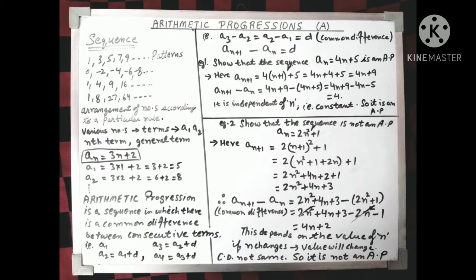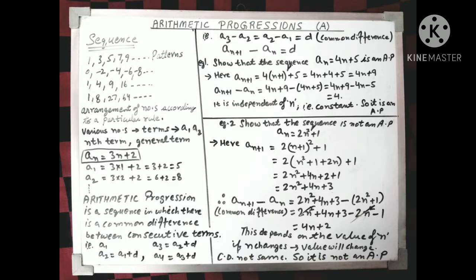If you see the next one, we have 1, 4, 9, 16, 25. There is an increasing order, right? 1 plus 3 is equal to 4, 4 plus 5 is equal to 9, 9 plus 7 is equal to 16, 16 plus 9 is equal to 25.